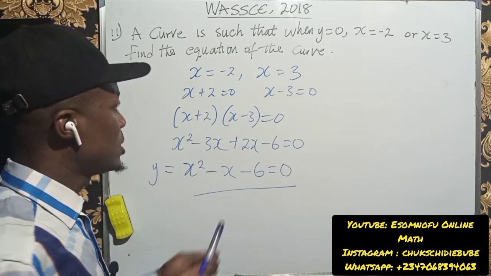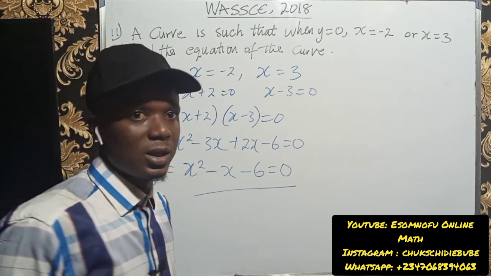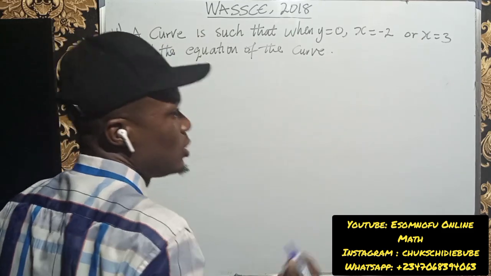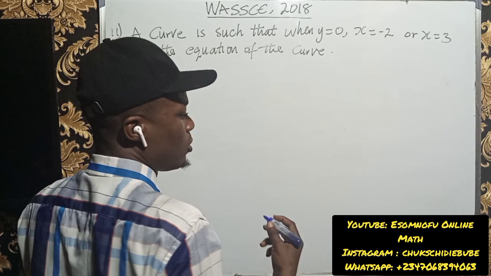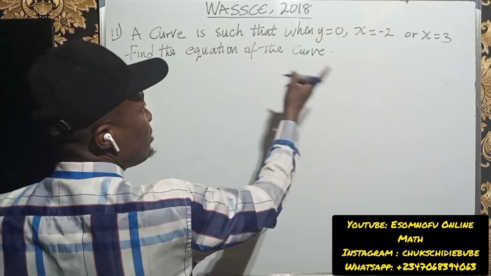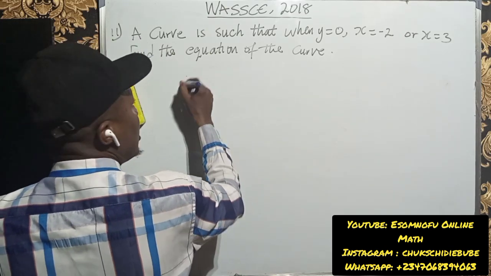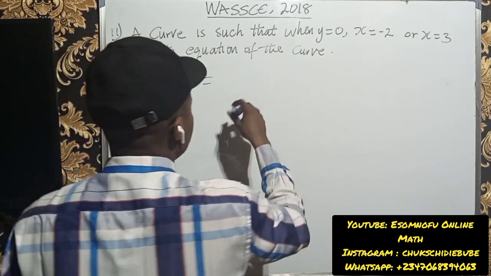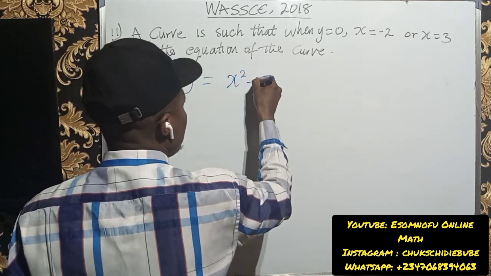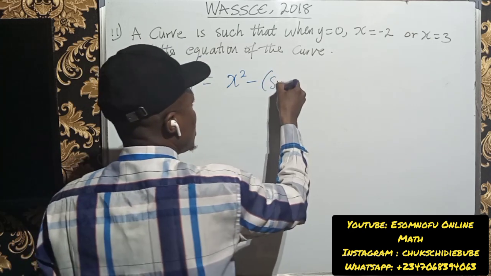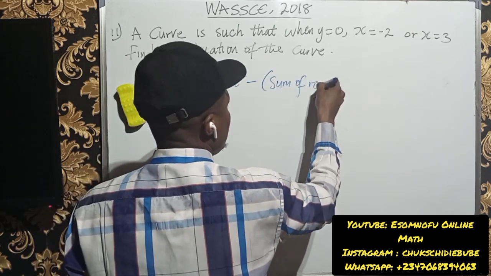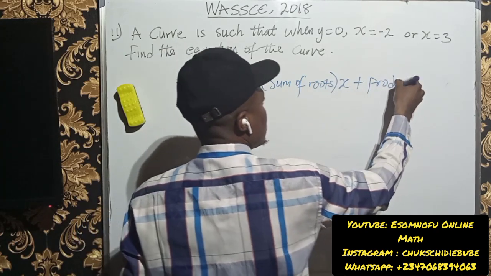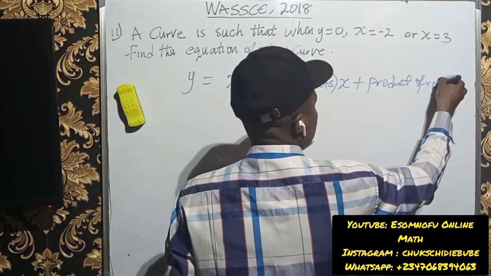Or you can rather say y is equal to the curve. So if you don't want to take this approach, there is another way you can still get the equation of the curve. Remember, to get the equation of a quadratic equation, whenever the roots are given, you use y equals x squared minus sum of roots x plus product of roots equals 0.